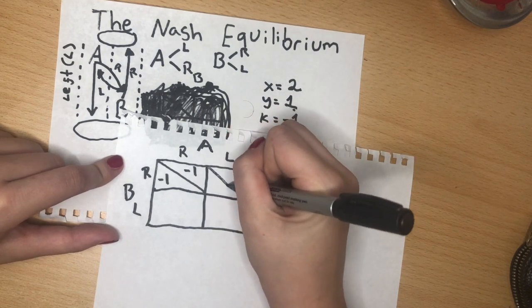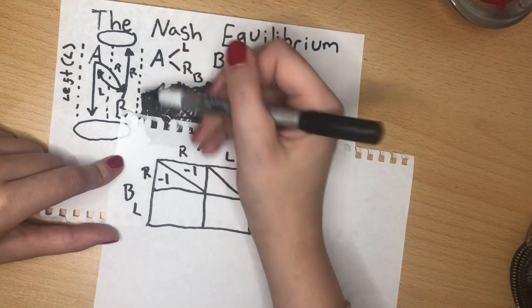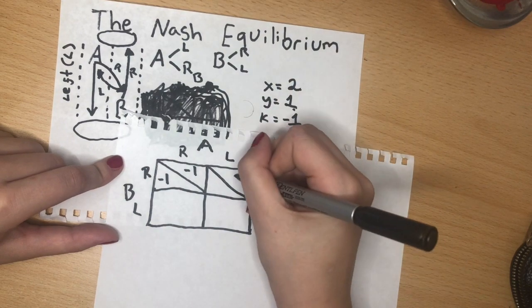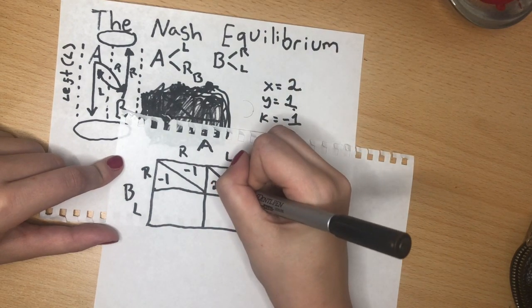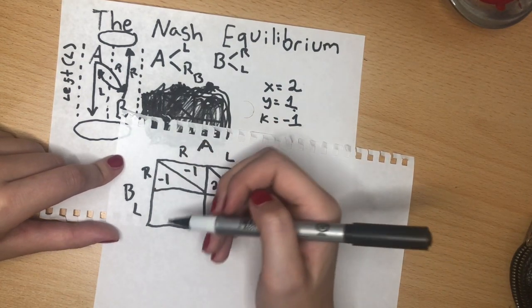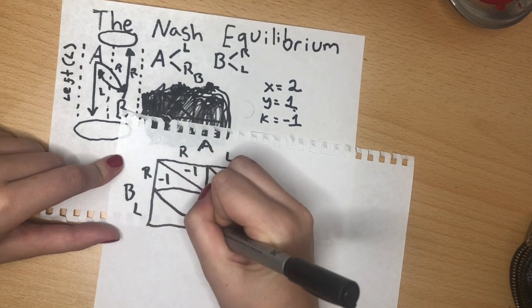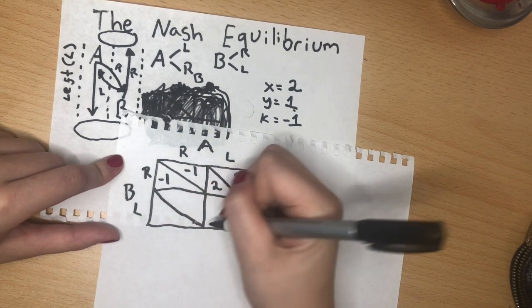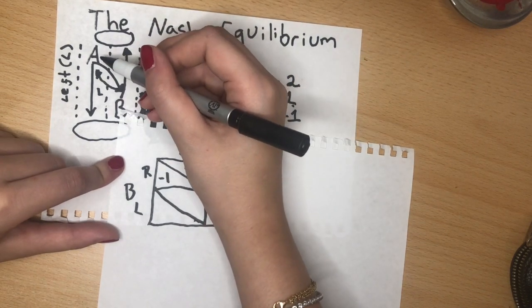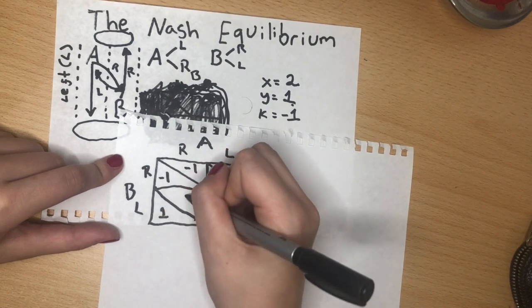Now, if B takes the right and A takes the left, that would be a 2 and 2, because they're both doing what they planned to do. Now, here's another thing. If B took a left and A took a right, you would get 1 and 1.